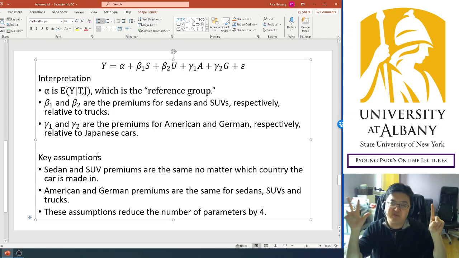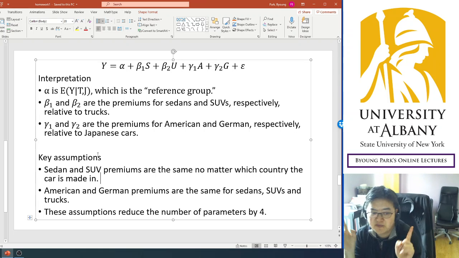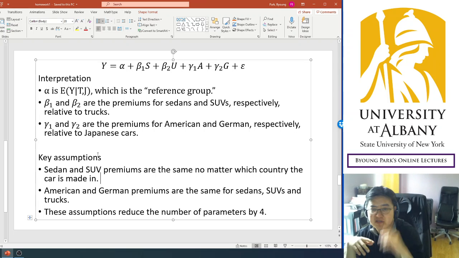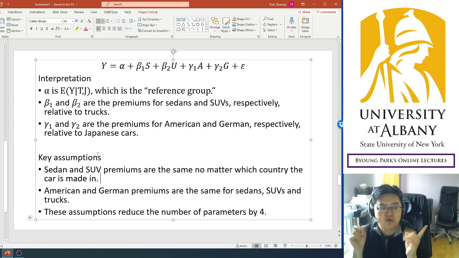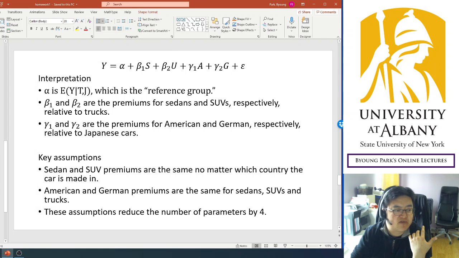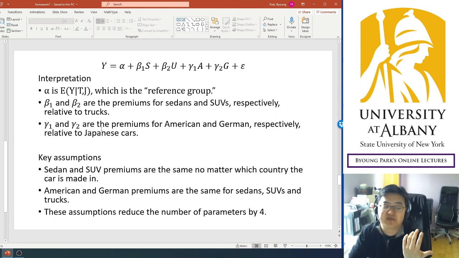And also SUV premiums are the same in 3 countries, so they reduce to 1. So by doing this, you reduce the number of parameters by 4. Instead of 6, you have only 2 parameters. So that's the difference between the number of parameters and the number of groups.